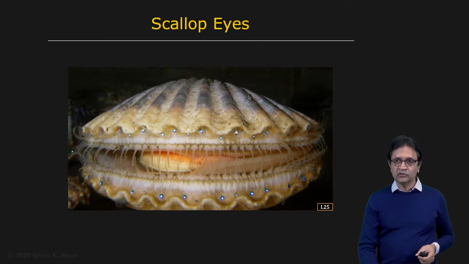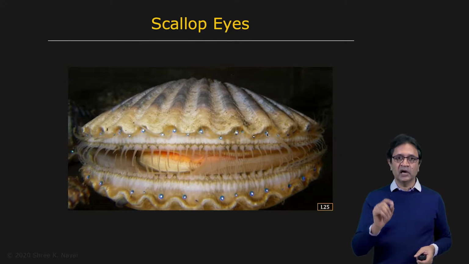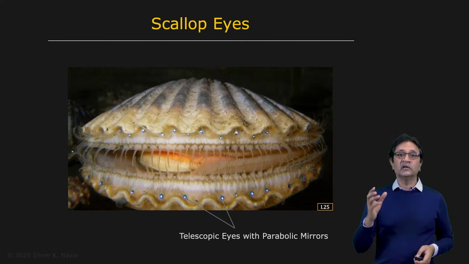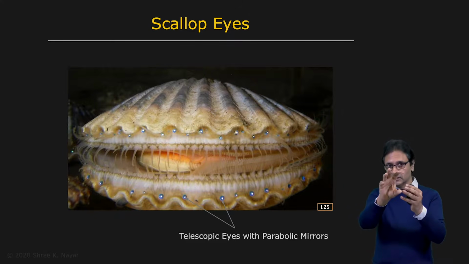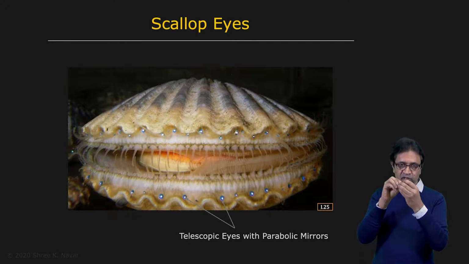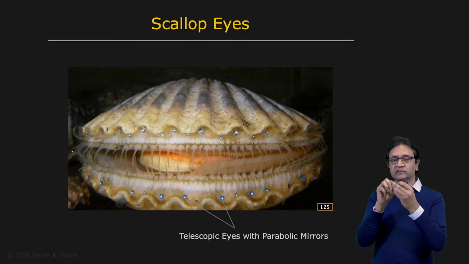But what I want to draw your attention to are these tiny little blue dots that you see here. It turns out that each one of them is an eye. Each one of these has a concave parabolic mirror inside of it that takes light from a narrow field of view and then focuses it, very much like a telescope, onto a single receptor, a pixel.